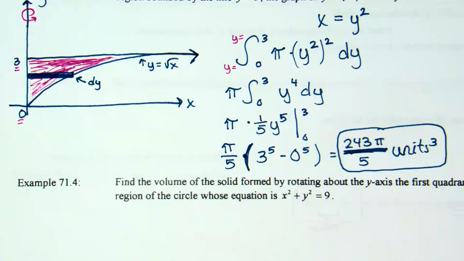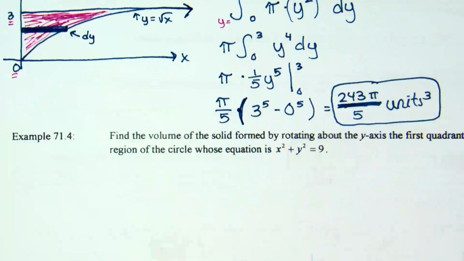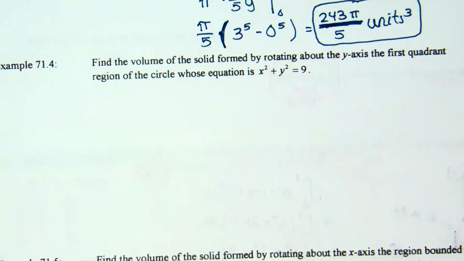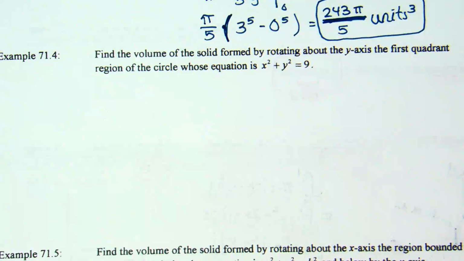Find the volume of the solid formed by rotating about the y-axis the first quadrant region of the circle whose equation is x squared plus y squared equals 9. It specifically said first quadrant region.